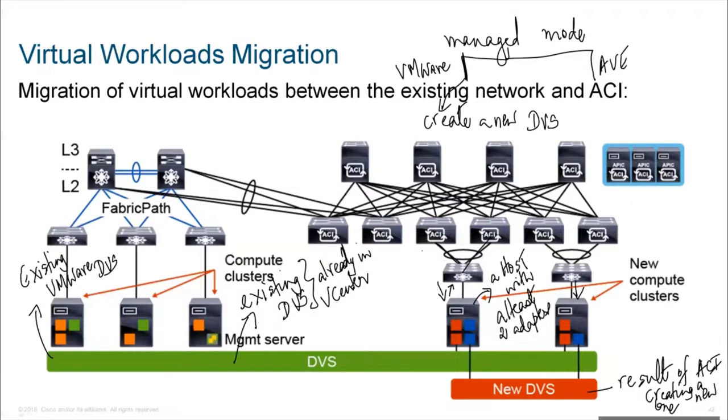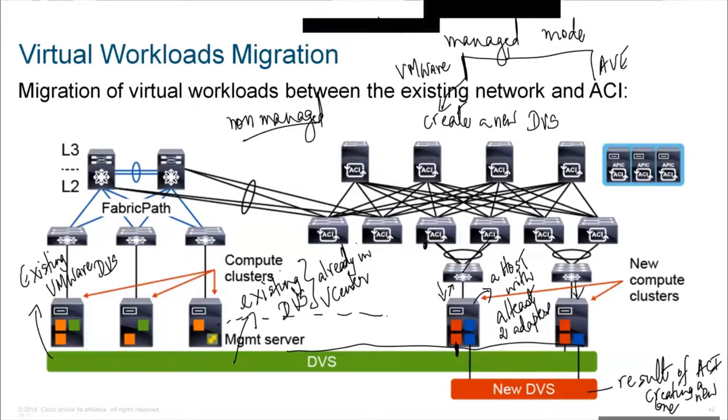So one of the configurations in the APIC would be non-managed. I can actually extend the DVS, the existing one, and use the physical adapter, which is shown here, one of the physical adapters, to the existing DVS. And then I move some virtual machines over.